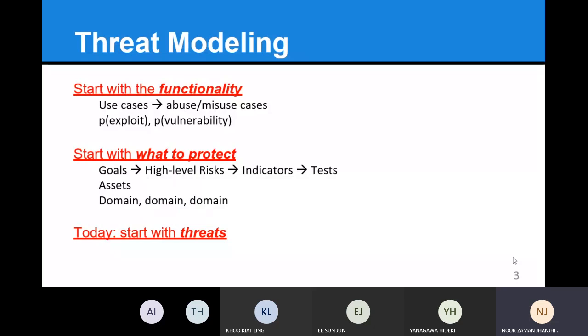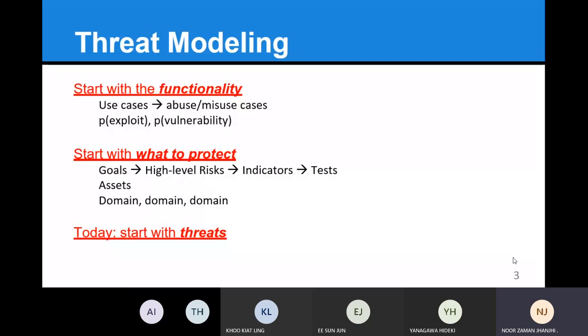Now you need to see what you want to protect, which part you want to protect. You want to protect the process, the domain, the asset, the software as a whole. This tells us that we may have more than one threat model for the system, if the system is comprehensive and there are multiple actors.